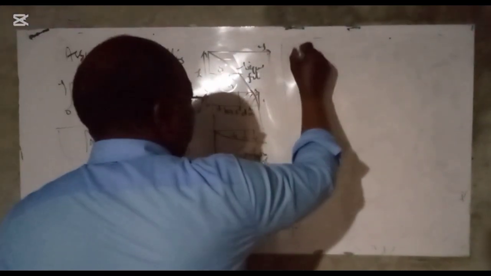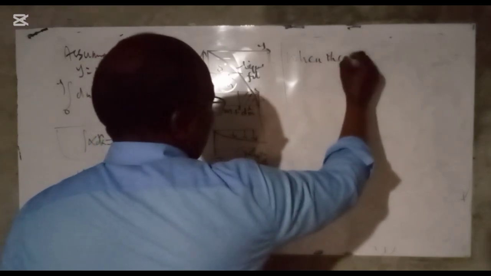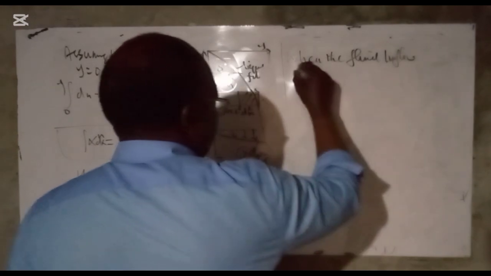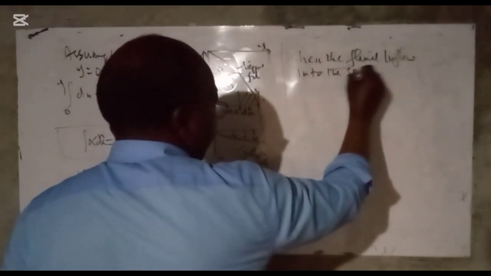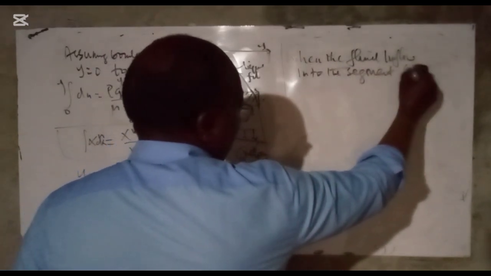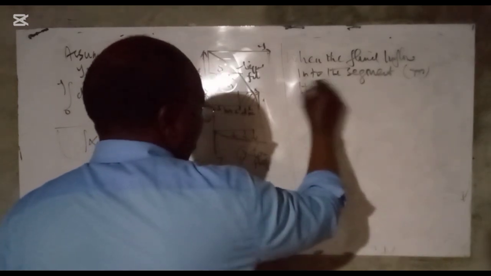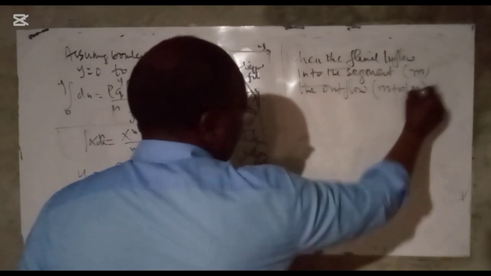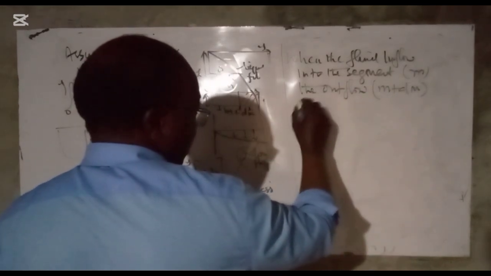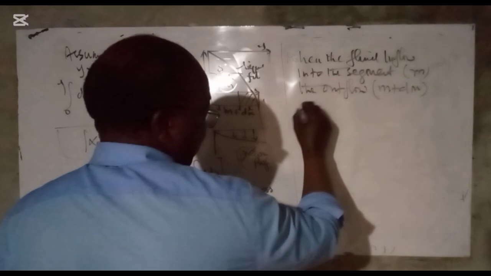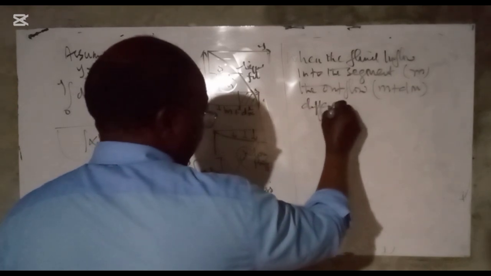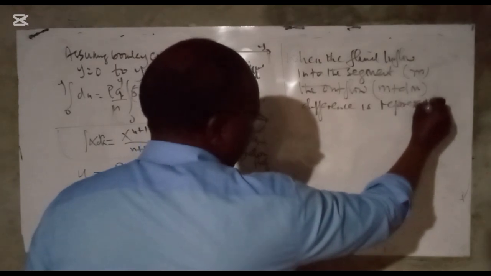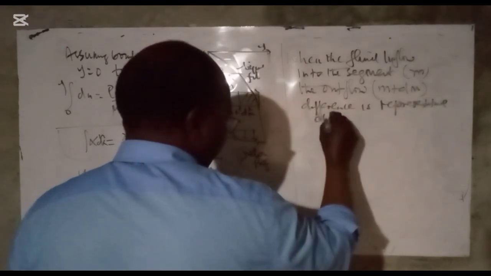So when the fluid inflows to the segment, the difference between the outflow and the inflow is representative of the condensed fluid.